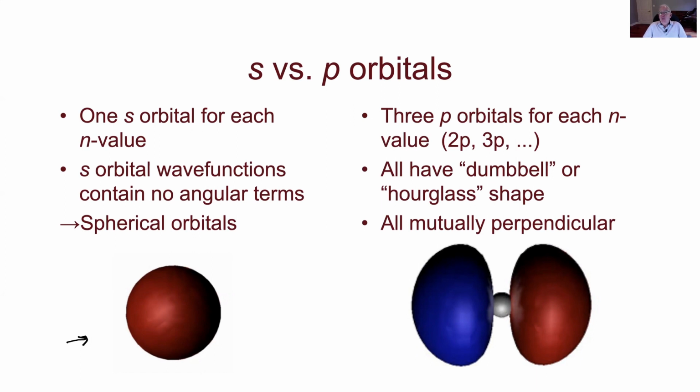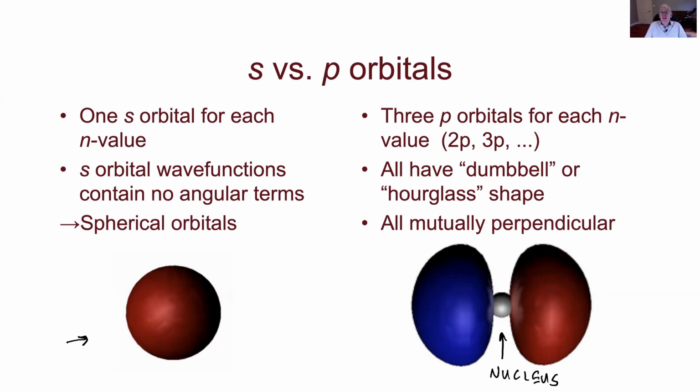The p orbitals, there are 3 of those for each n value. So in 2p, there are 3 orbitals. In 3p, there are 3 orbitals, and so on. They all have this same shape, often referred to as a dumbbell or hourglass shape. In this picture, the white ball in the center is the nucleus, and the red and blue lobes represent the 2 sides of the orbital.